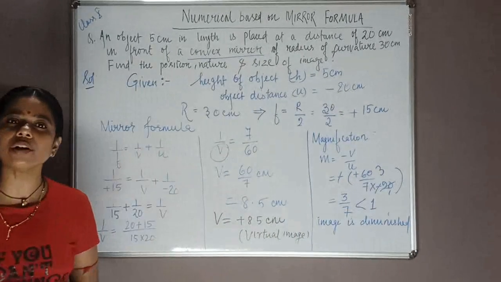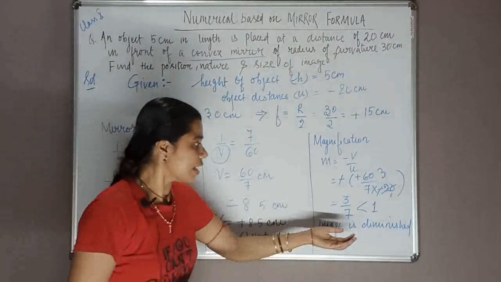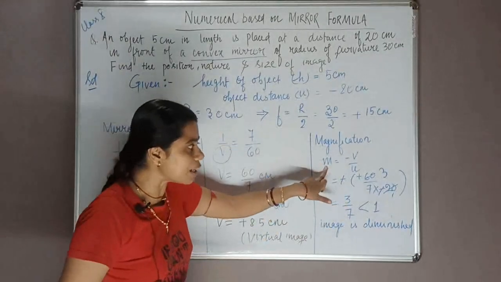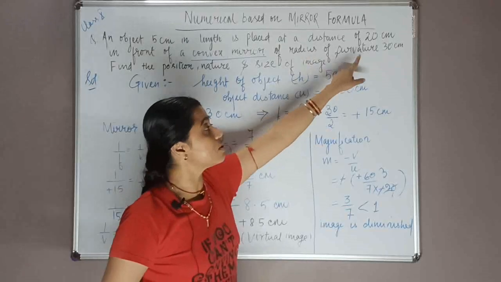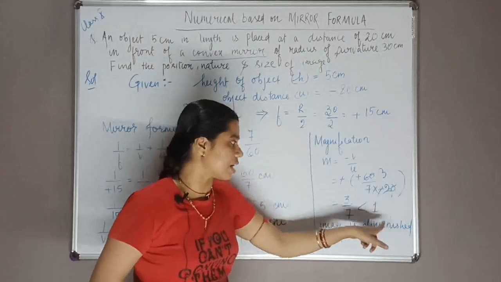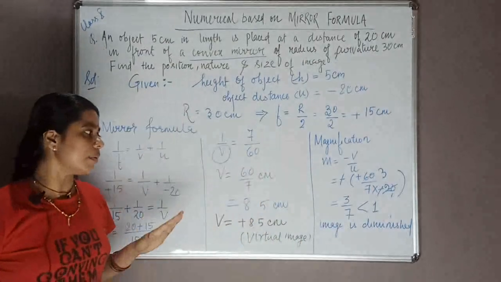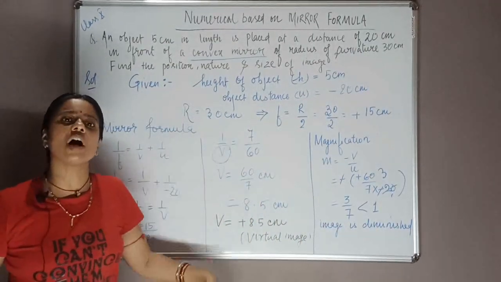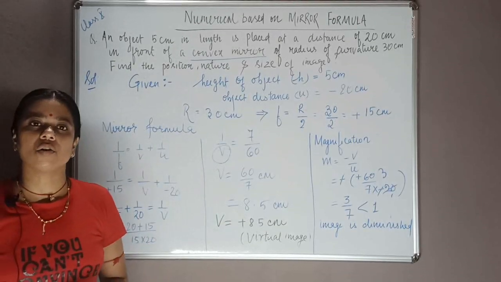So from here we find the size of the image: the image is smaller than the object, as the magnification of this mirror for an object at a distance of 20 centimeter comes to be less than 1. So the image is smaller than the object. This is how we solve the question and find the answer.